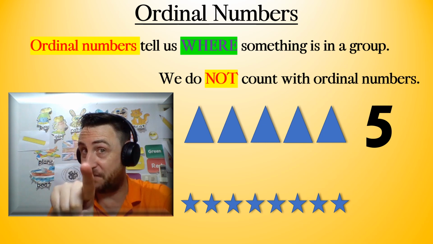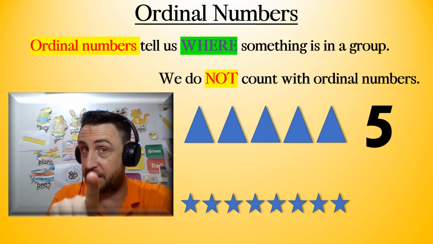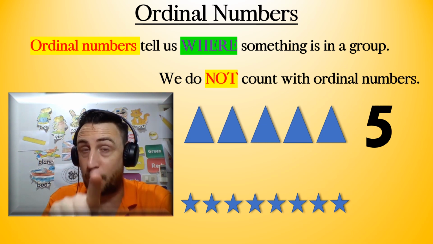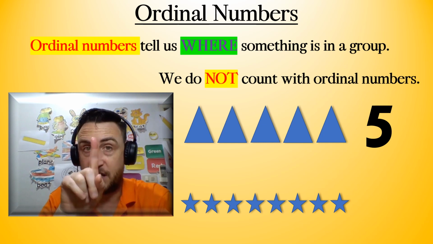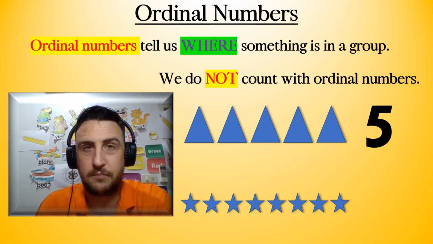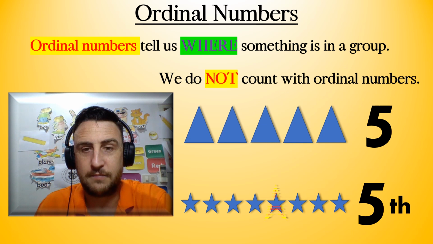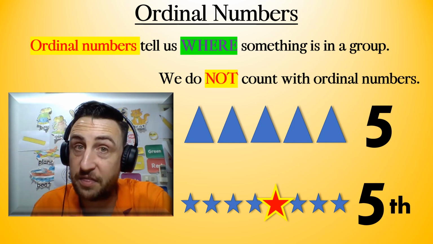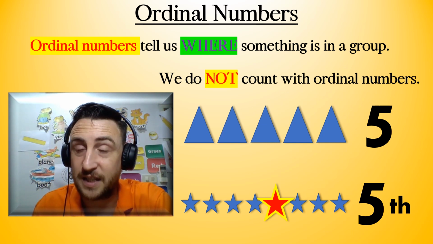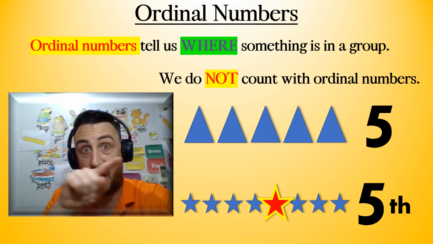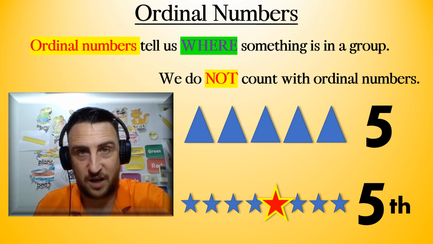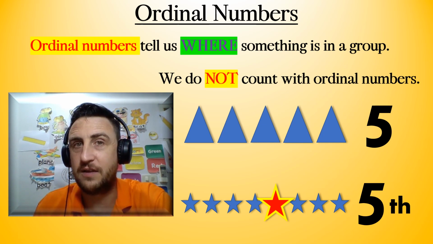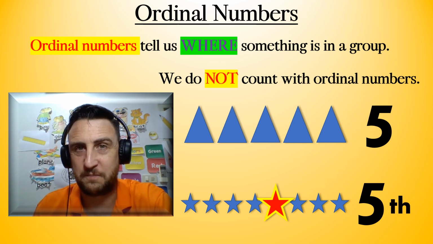Can you put your finger on the 5th star? Can you do it now? Put your finger on the 5th star. Touch it. Were you correct? This is the 5th star in the line of stars. 5th. 5th is an ordinal number.